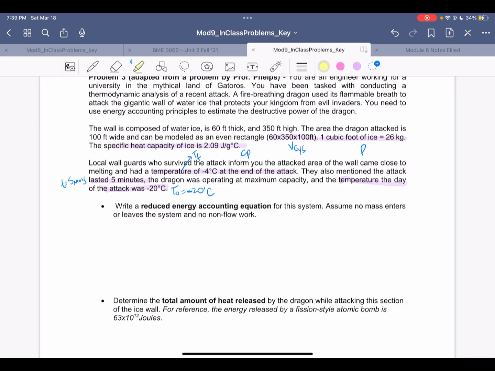If I continue reading, it asks us to write a reduced energy accounting equation, and it tells us some extra assumptions. So I'm going to start with my assumptions. I'm going to say there are no potential or kinetic energy changes per usual, no bulk mass transfer, no work due to non-flow.